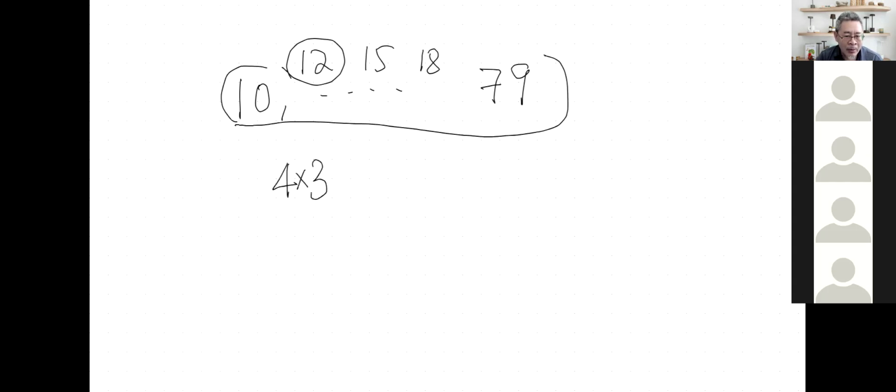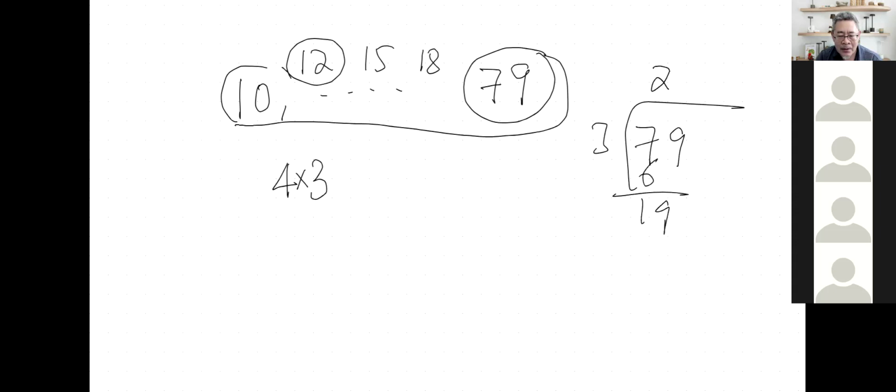And then to get to the end, what is closest to 79? If you divide 79 by 3, we get 26 with a remainder of 1. So that means 3 times 26 is less than 79.